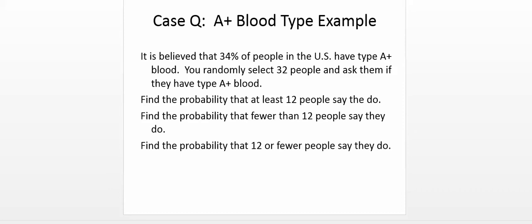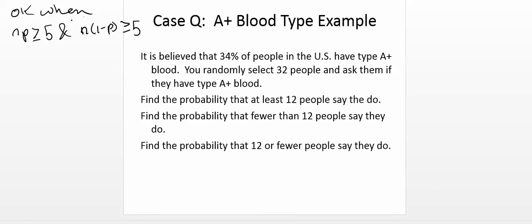And in that case, we're told that it works okay when n times p is greater than or equal to 5 and n times 1 minus p is greater than or equal to 5.